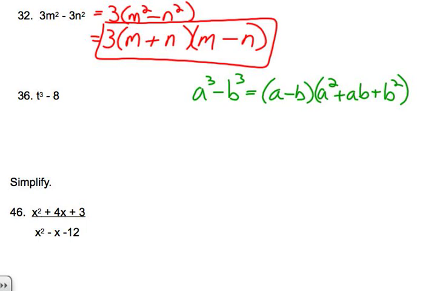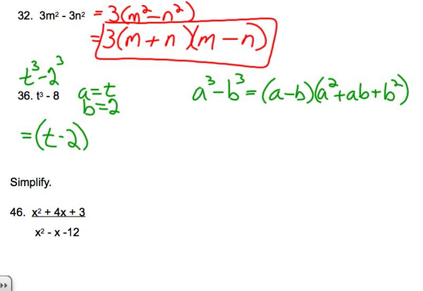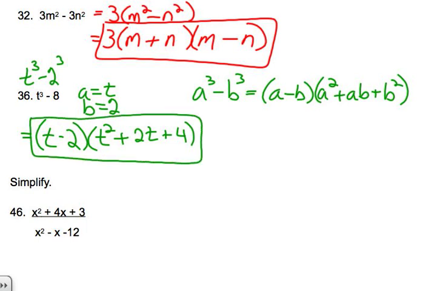In this case, a is t, and b is actually the 2. And then we can follow the formula. So we have a minus b, or t minus 2, times a squared, which would be t squared, plus a times b, which is 2t, plus b squared, which is 4. You can never factor this further, so then you are good to go.